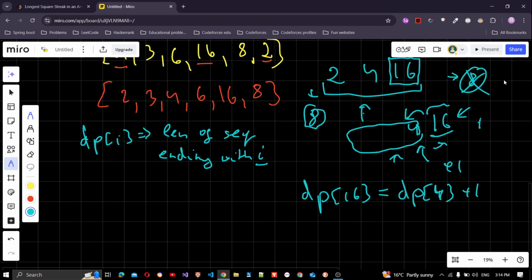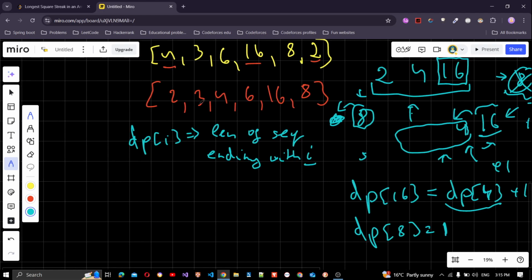But still we can count it as a sequence whose length is 1. So for dp[8], we don't have this dp transition here. The previous value would not exist, so it would be just 1. So this is the transition.